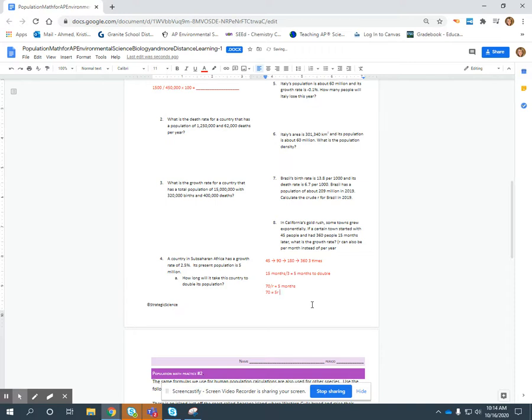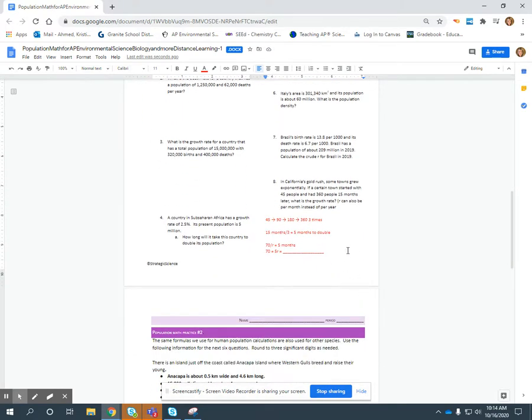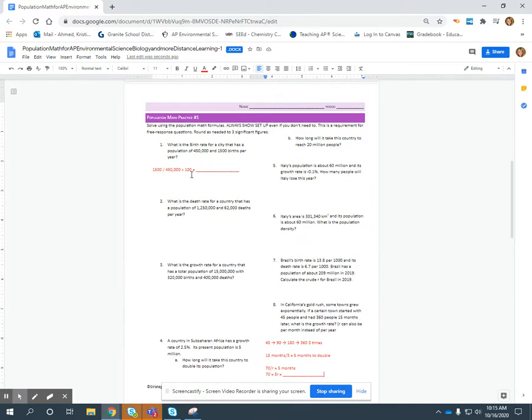Divide both sides by 5 to solve for our percent as a growth rate. So we're going to do the math and again express your answer as a percentage. Okay, R is always a percentage, so we'll express that as a percent. Okay, so again, this is just the setup for number 8 and the setup for number 1.